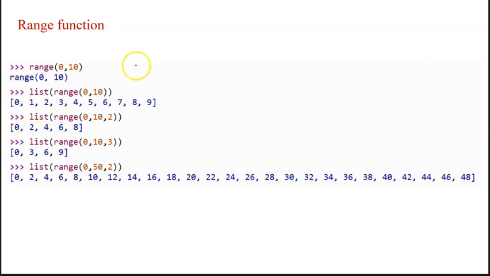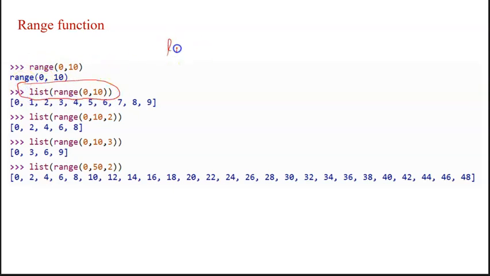If you type in just range 0 to 10, it's going to create an object with integers from 0 to 10, but you'll see it's not going to print out those numbers. So you need to use the list function. You put this range function within a list function.